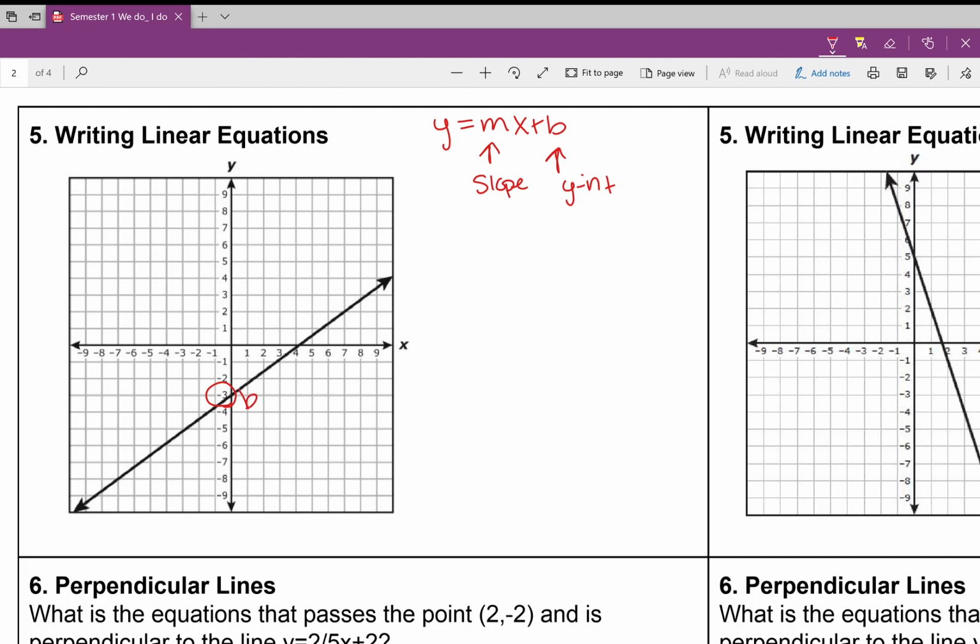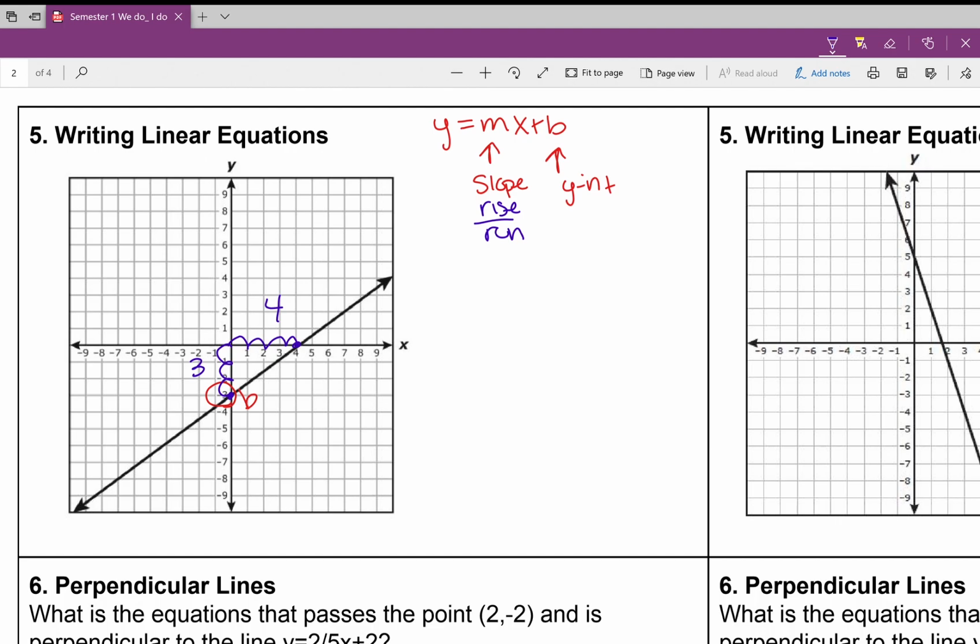And then we need to find our slope. Remember, when finding slope on a graph, we use rise over run. So I'm going to use this point at -3 and this point at 4 to do my slope. So I'm going to go up 1, 2, 3, and then to the right, 1, 2, 3, 4. So that means my slope is 3/4.